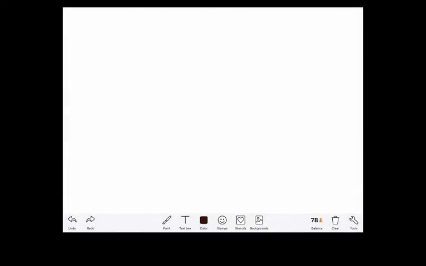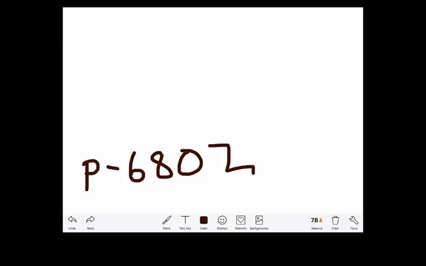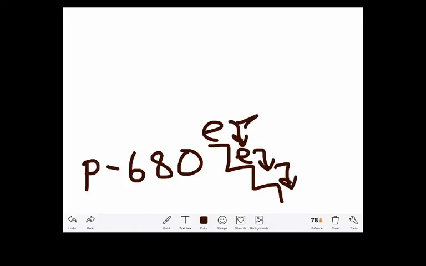So the electron transport chain of photosystem 2, also known as the P680. So here is the electron transport chain of photosystem 2, the P680.